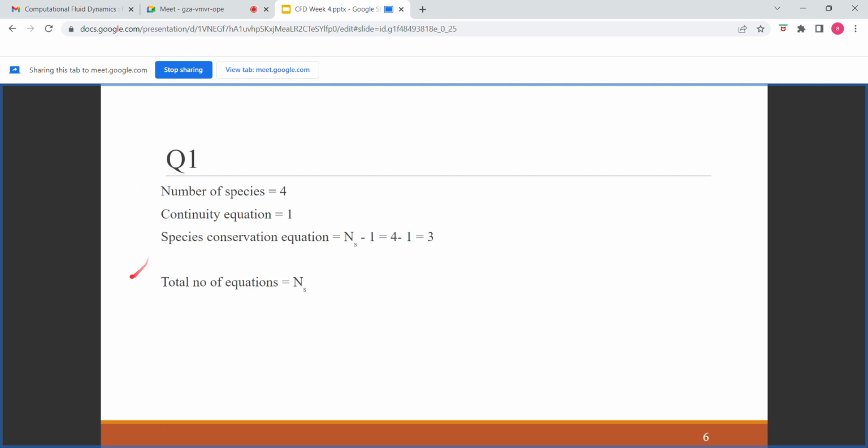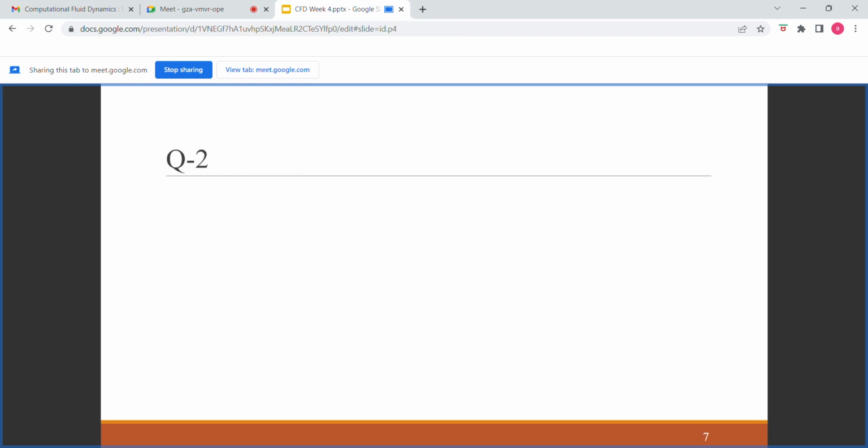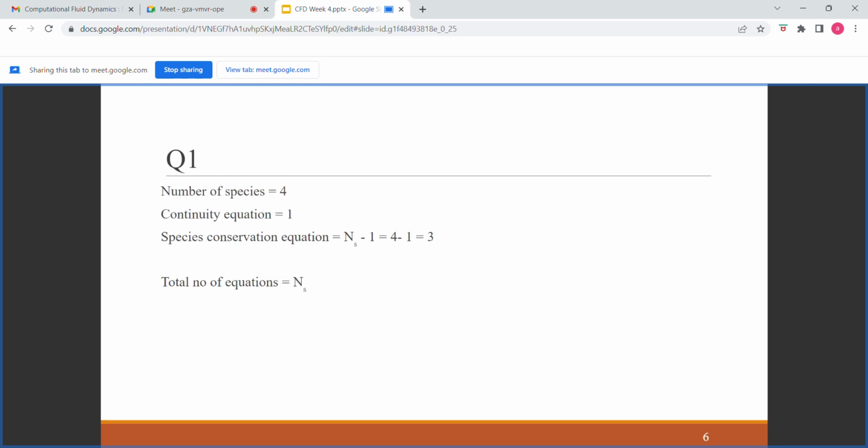So this is the solution. The number of species in this problem is 4: carbon monoxide, carbon dioxide, hydrogen and water. Put together, 4 species are involved in this reaction, and the continuity equation would be 1.